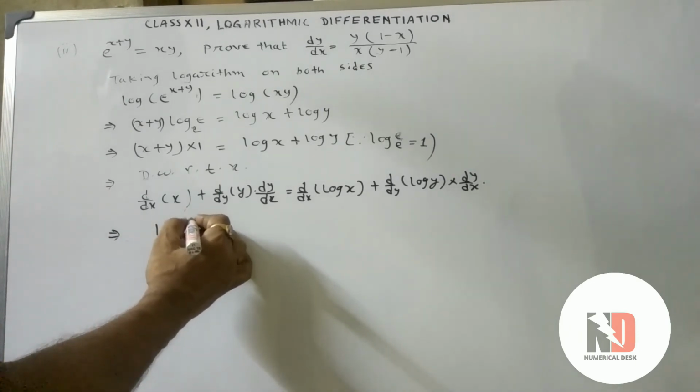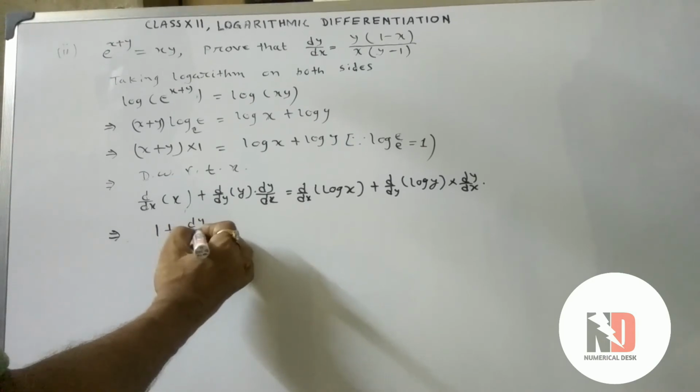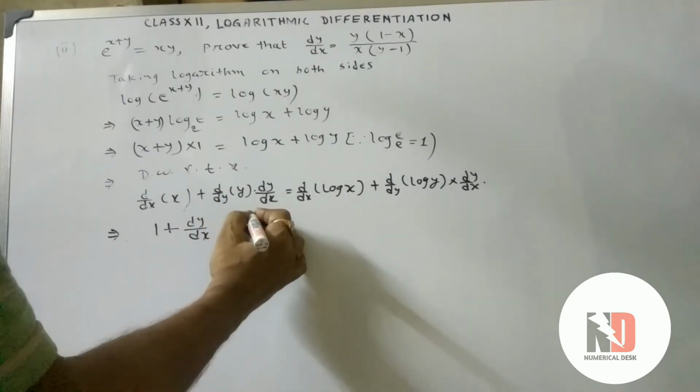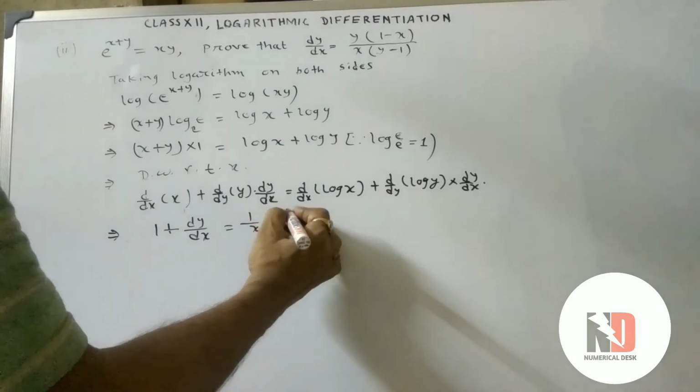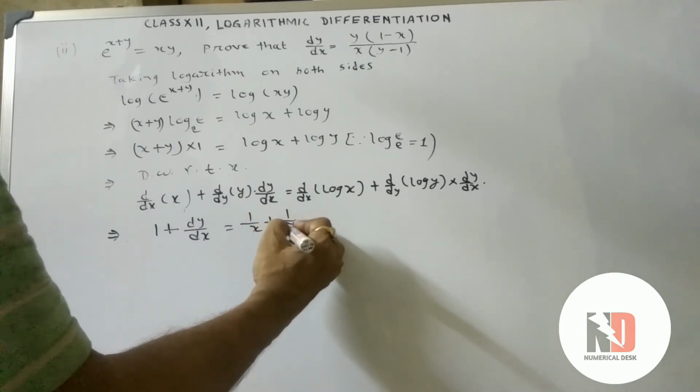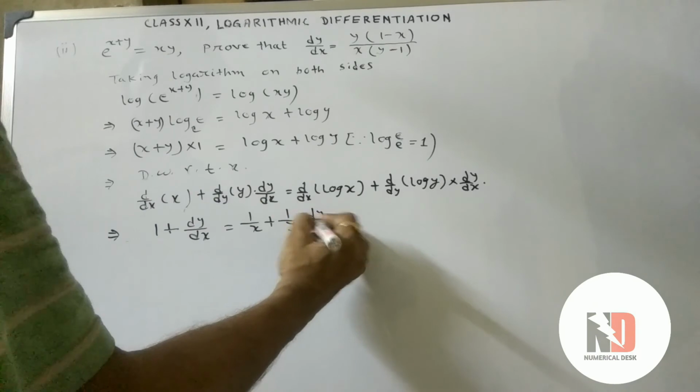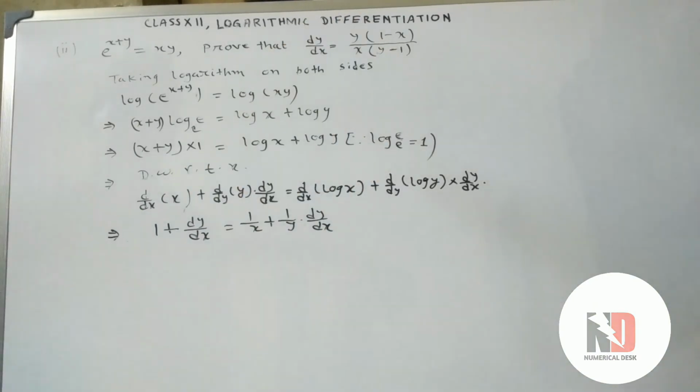So 1 plus again dy by dx, d/dy of y is 1. Now 1 by x plus 1 by y into dy by dx.